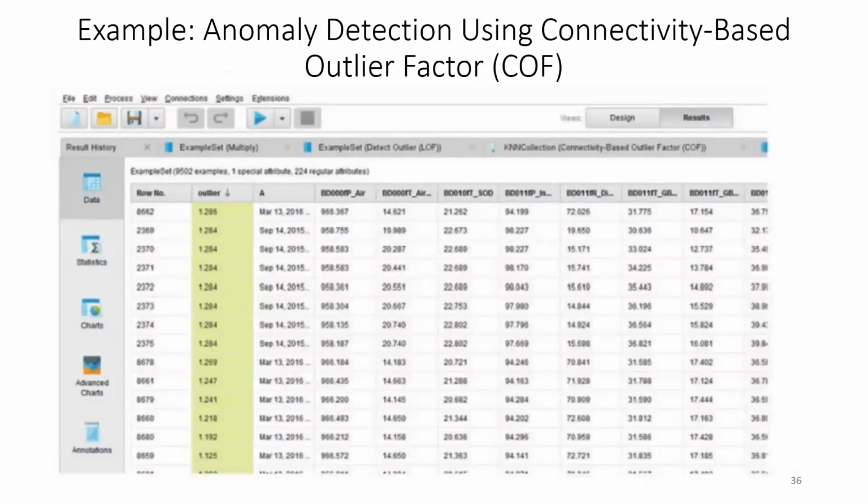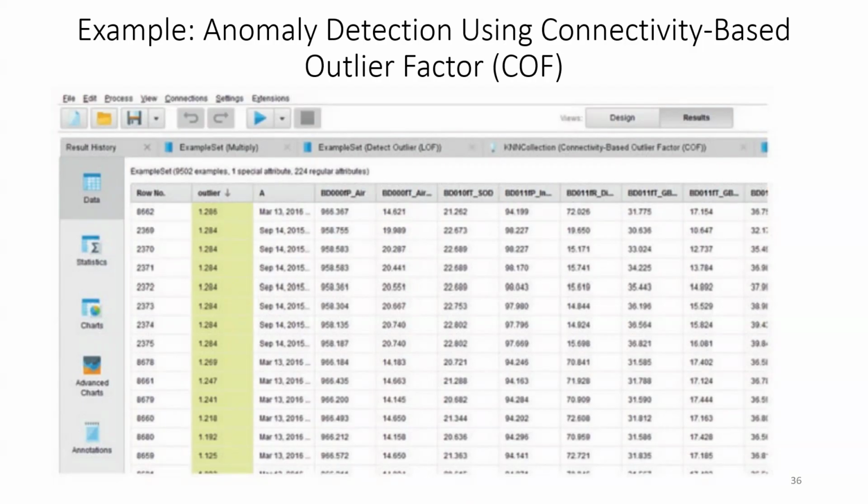Okay, so now let's look at the practical output of the COF-based anomaly detection process. What we see here is a turbine dataset processed through the COF algorithm.